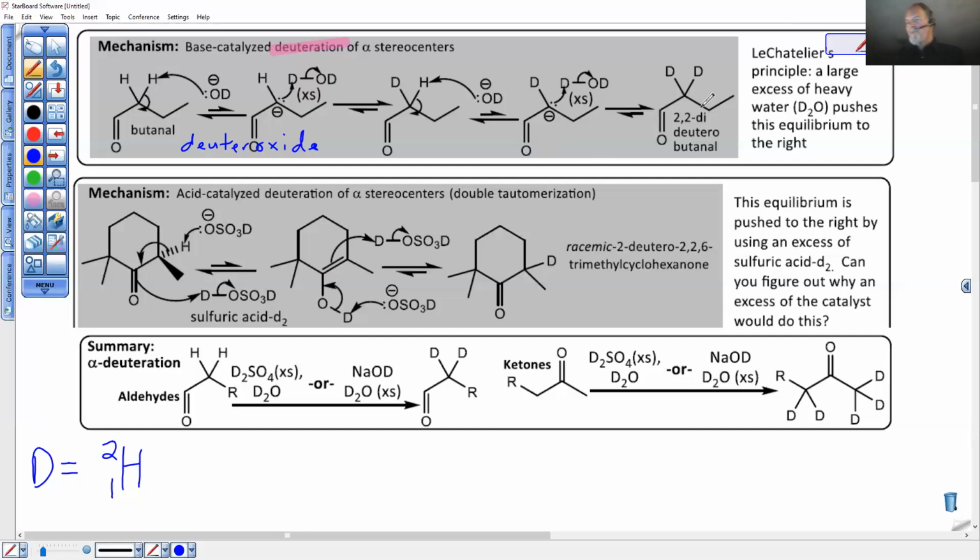And the same story exactly holds true for the acid catalyzed deuteration. If you want to make sure you get a nice yield, and this molecule only has one alpha position hydrogen, so you're only going to get one deuterium on there. If you want to make sure you get 100% yield, no problem, just use a large excess of the deuterated version of sulfuric acid.